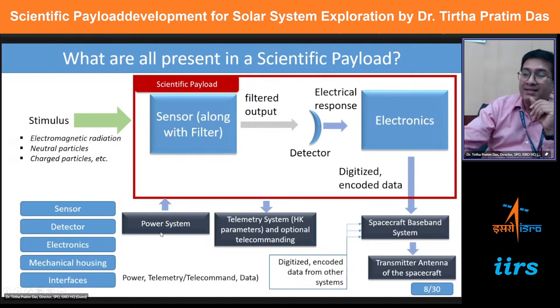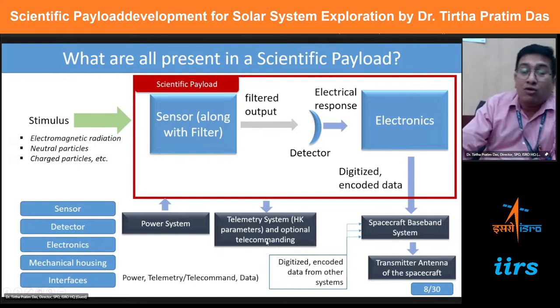In between, what happens? There is a power system which powers the scientific instrument. See, a scientific instrument needs electrical power, right? So it has to be fed with some power system. So that is one interface which goes. And there is a telemetry system which reads out some parameters from the scientific instrument. That's why I have shown an arrow which is coming out of the instrument. They're called HK parameters. HK means what? Housekeeping parameters.